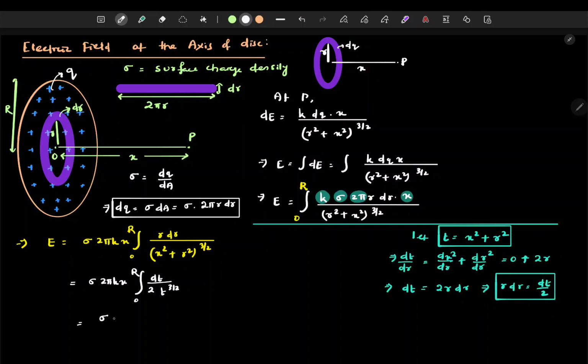So it will be sigma into 2 pi kx divided by 2, then integration 0 to capital R of t to the power minus 3/2 dt.